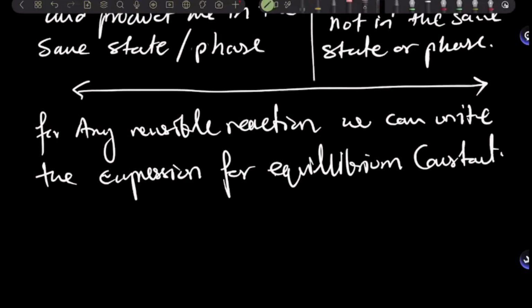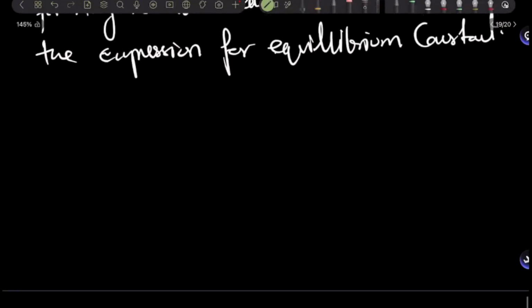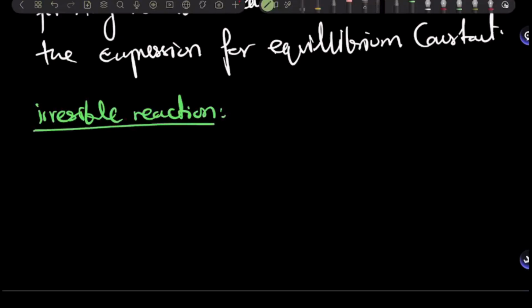Wherever equilibrium is involved, you can write the equilibrium constant or the expression for the equilibrium constant. Now, what does the equilibrium constant do? In irreversible reactions, you do not need any equilibrium constant because they do not reach equilibrium.